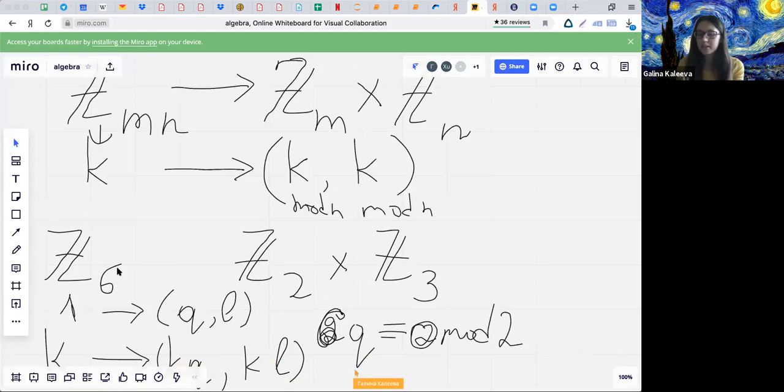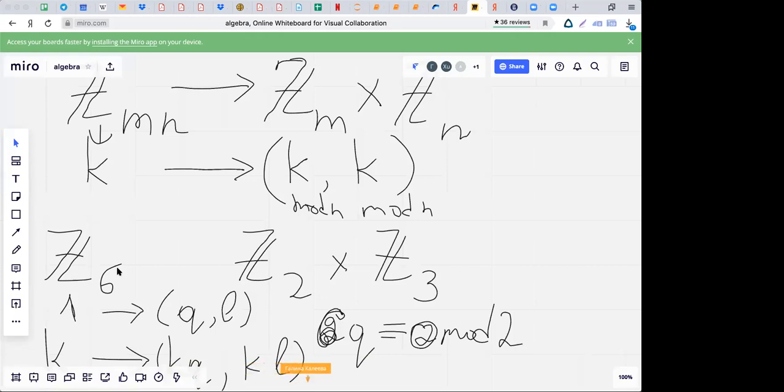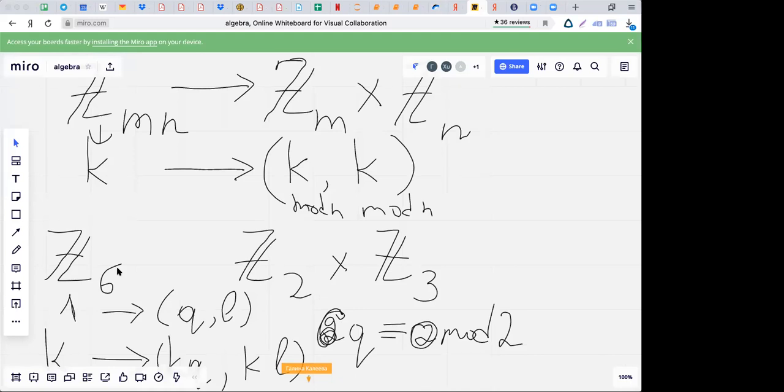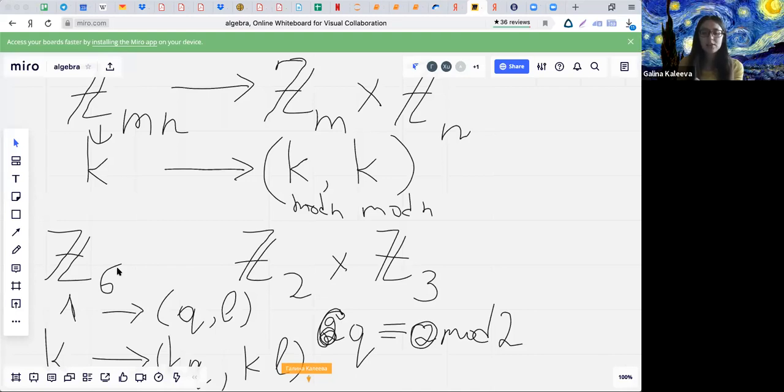So let's consider the following homomorphism. Let's map 1 to (1, 1). This one is 1 modulo 2, this one is 1 modulo 3. Why can I construct this homomorphism? Because here I multiply 1 by 6 and get 0, and here I multiply 1 by some divisor of 6.